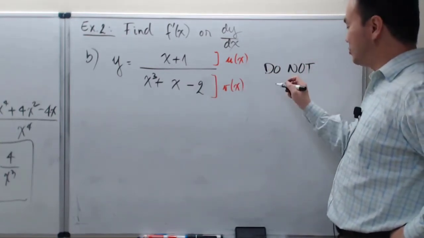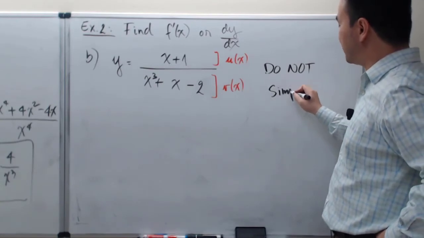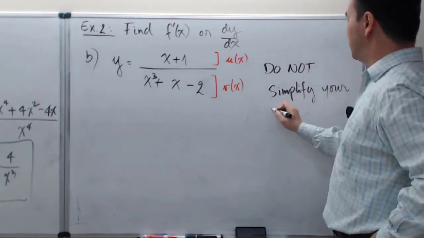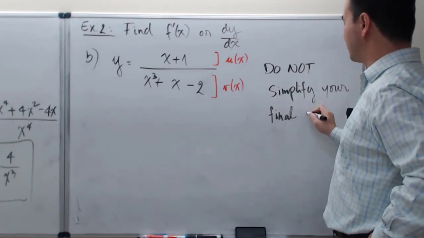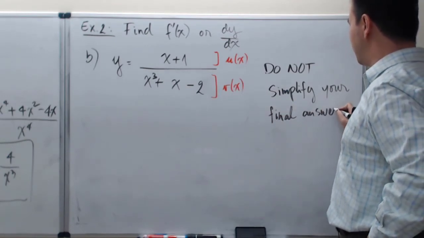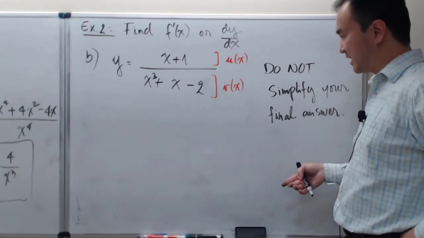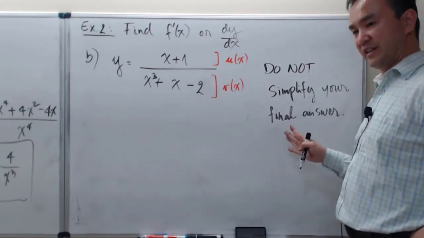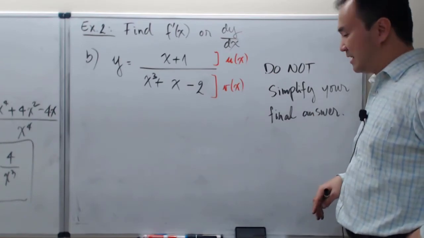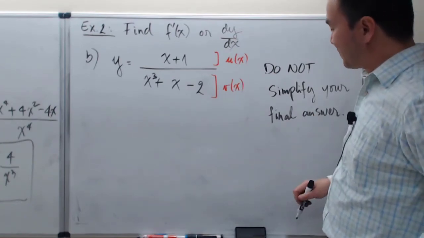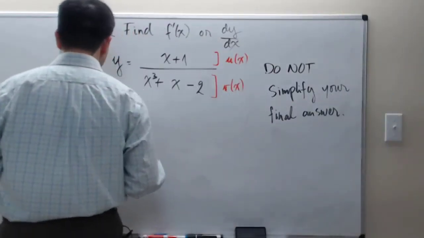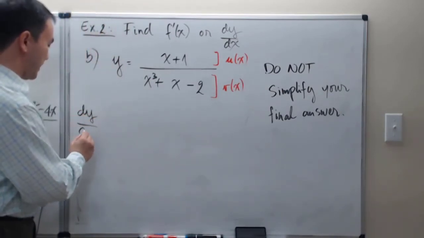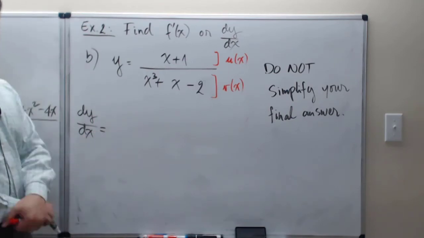Sometimes: do not simplify your final answer. Okay, so that's a good thing for us, less effort, because once we finish applying the quotient rule, we can just leave it there as our legal final answer for the derivative. So again, with the quotient rule we can directly take the derivative.